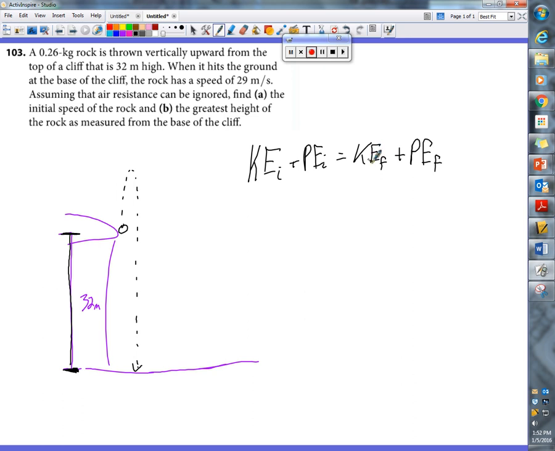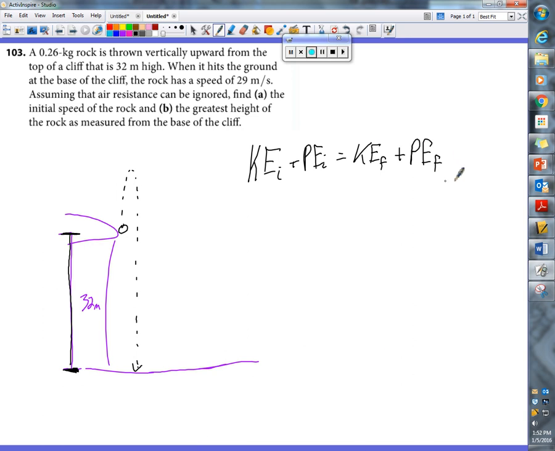Some of you might be tempted to because, oh, it hit the ground. No, that's silly. We're not talking about after it hit the ground. That's not a conservation of mechanical energy problem. We're talking about the kinetic energy that it hit the ground with, the instant before it hit the ground. There's never a problem I'll give you in which we're talking about after it's hit the ground. That'd be silly. So we can't cancel that out.